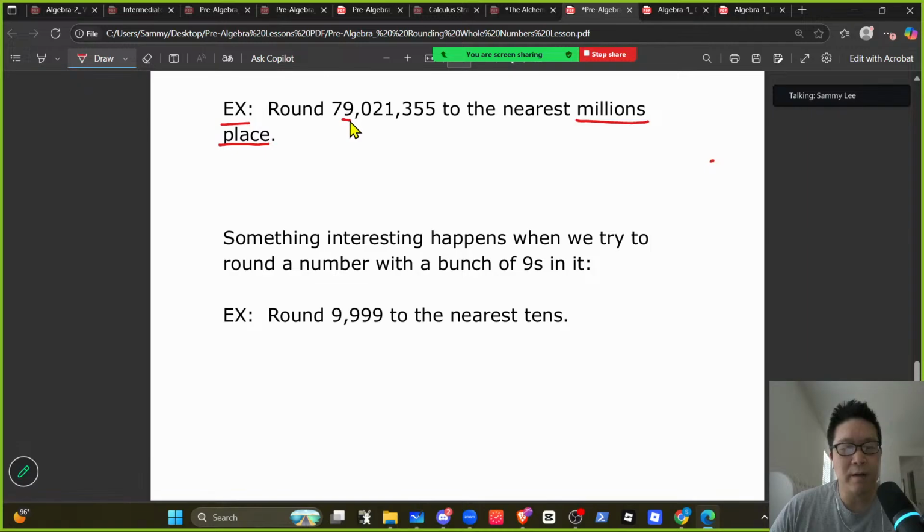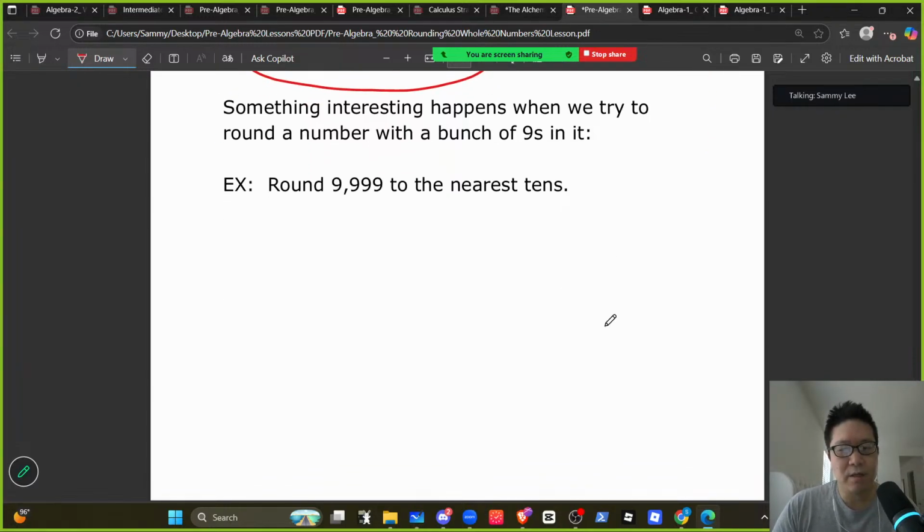It's 9. Okay. The number to the right of it is a 0. So we're going to round down, right? So what would our number turn into? Oh, like 79 million. Yeah. And everything to the right is going to be zeros. Because the number in the millions place is a 9. The number to the right is a 0, so we round down.